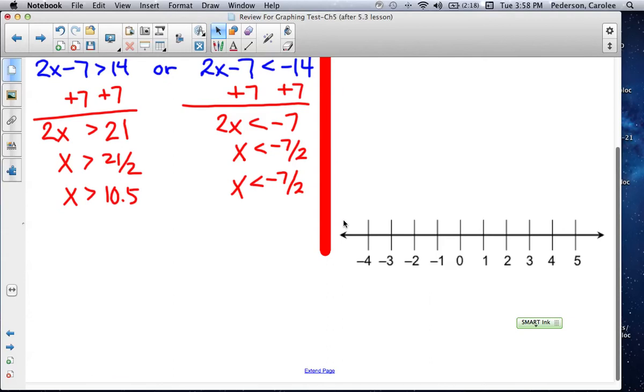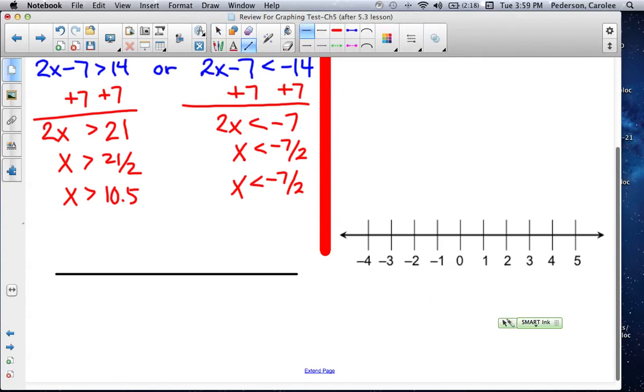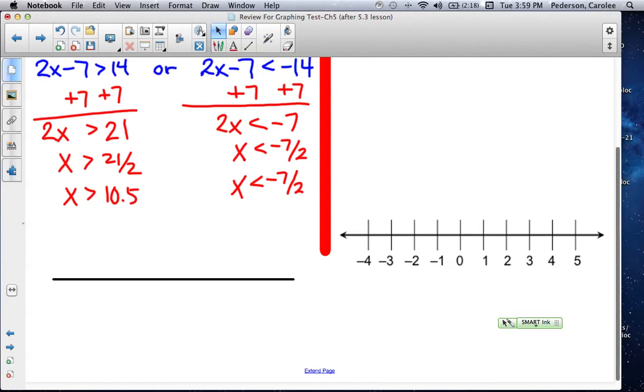So let's go ahead and make a number line. We'll just do rough numbers here. Not liking my pen here.